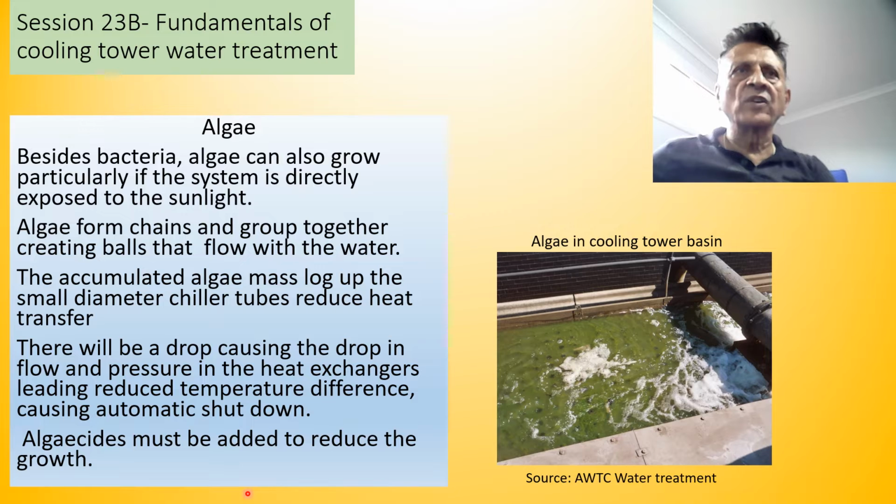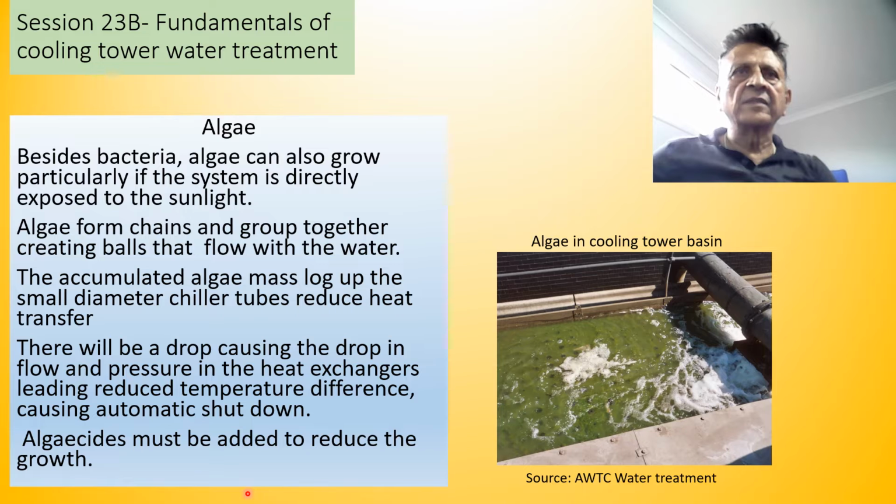Algae can also grow in the water and form strands, etc., which can clog up the chiller pipes and prevent or suppress the flow of the water for cooling.